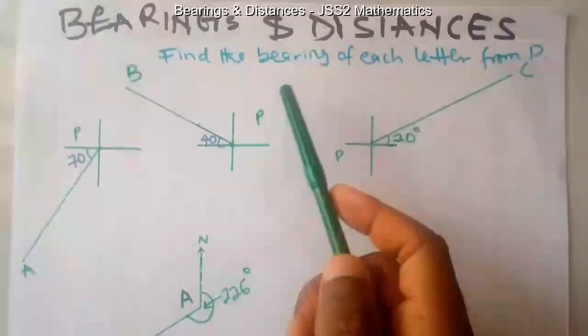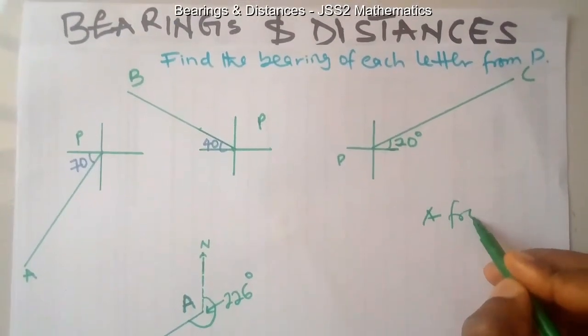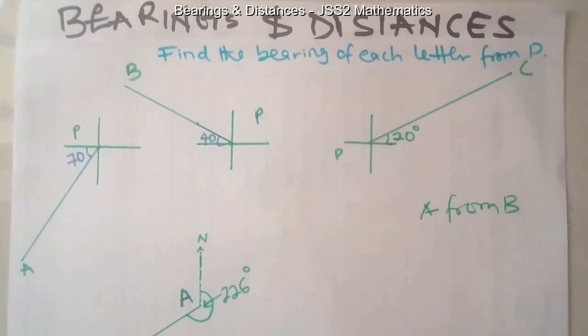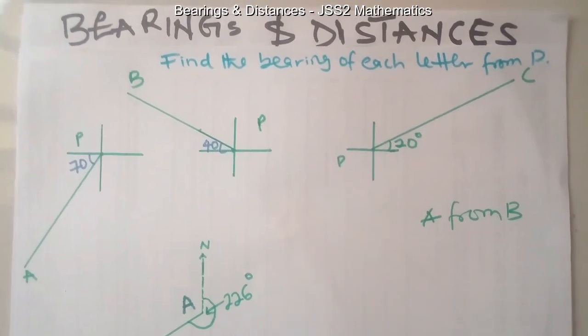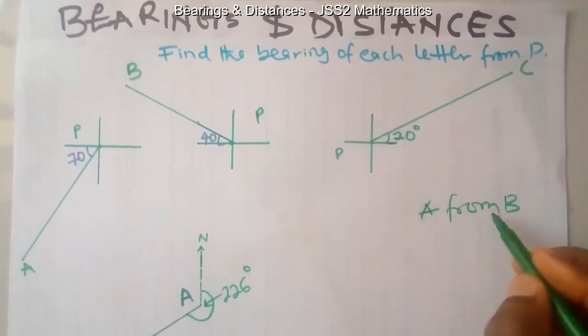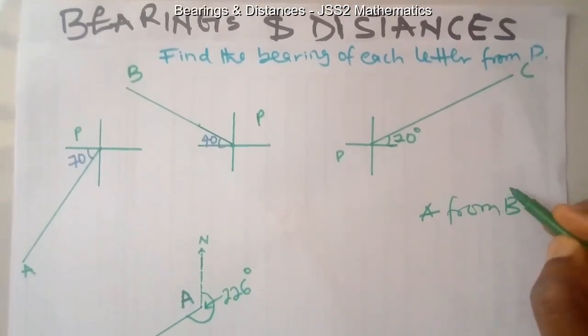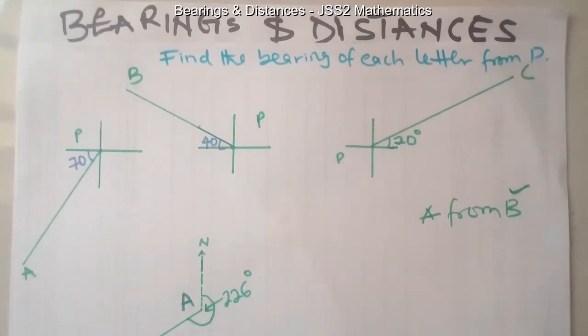All right, if you are to calculate the bearing of A from B, there are two things here. Where is the starting point and where is the end point? The starting point should be B. A from B, that means B is the starting point. Remember, we take bearing from the starting point.